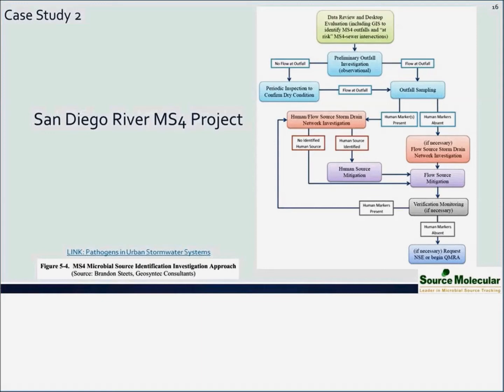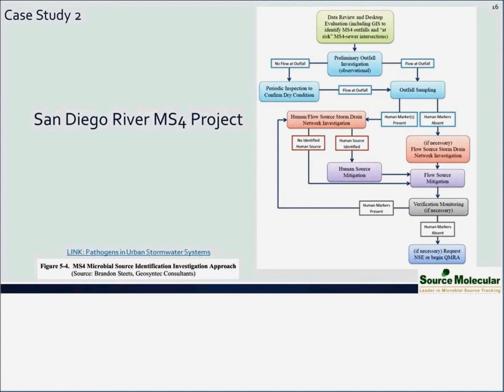And then if you do get to that point where you finally were able to address all human fecal indicator sources and you still have flow, then it is potentially possible to apply for a QMRA, which is an alternative monitoring limit based on the fact that you show there is no human impact on your water system.